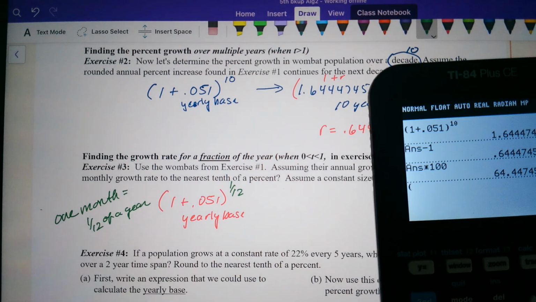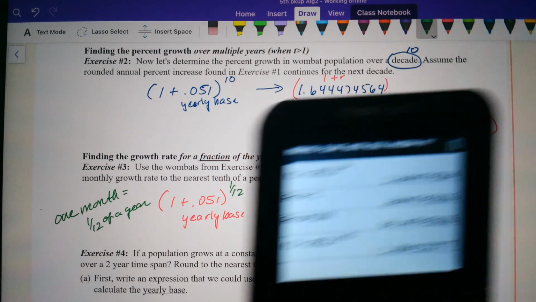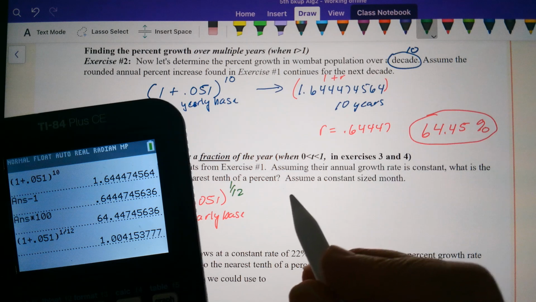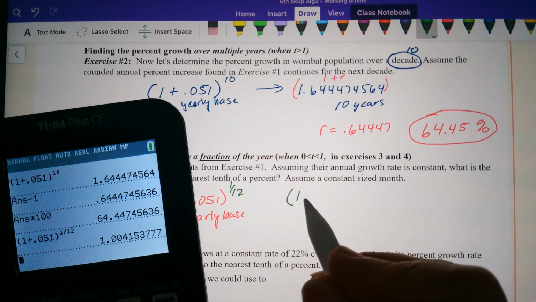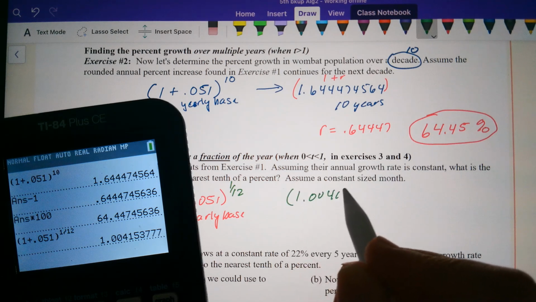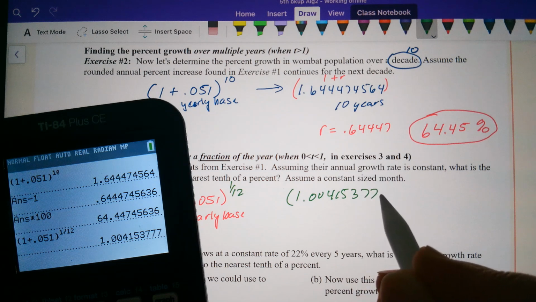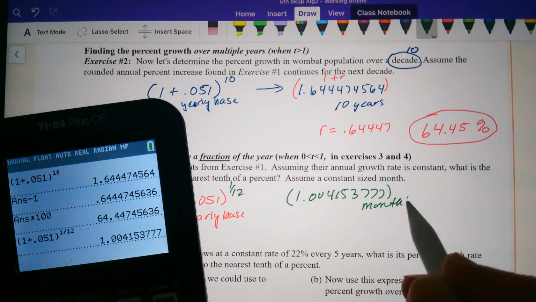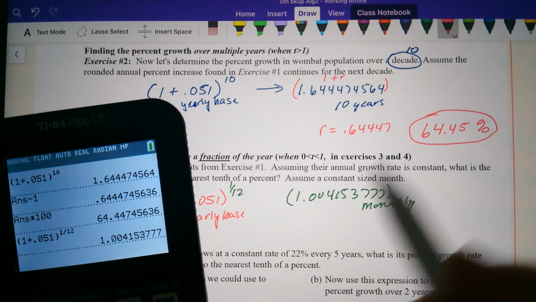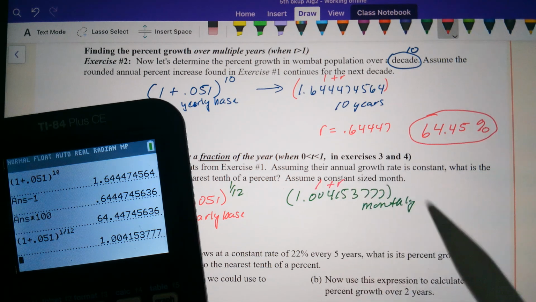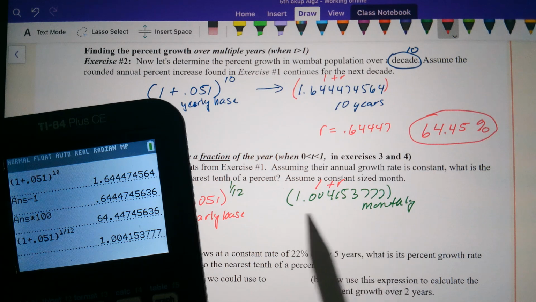Calculator. 1 plus 0.051 raised to the 1/12. So this is our new monthly base. What's our monthly rate? Well, 1 plus R equals this monthly base.